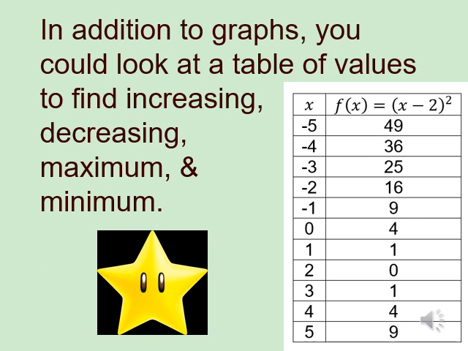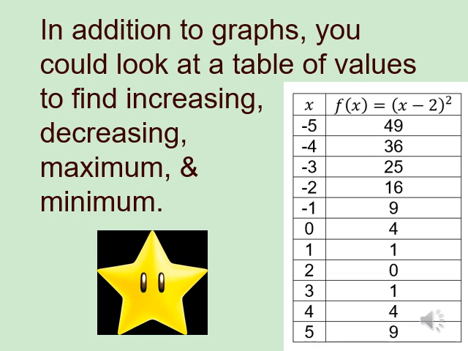Well, mostly when we talk about maximum and minimum points, we're going to be looking at graphs. Sometimes you can also see information that's presented in a table and scan through it and figure out where you might have a maximum or minimum.